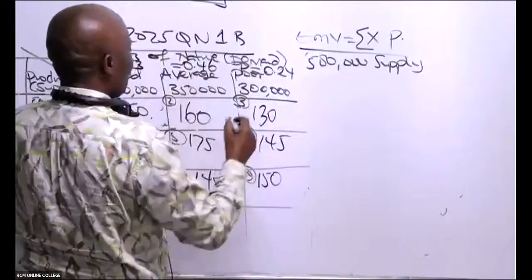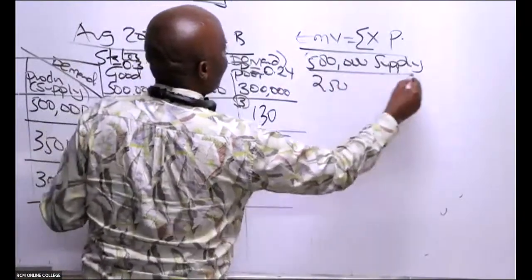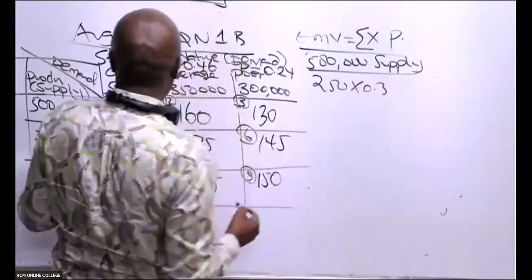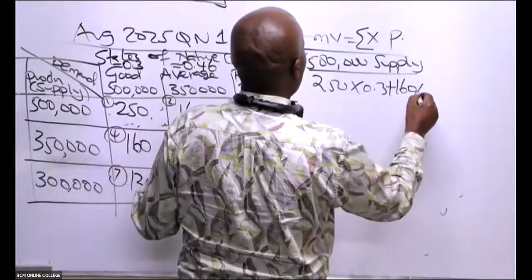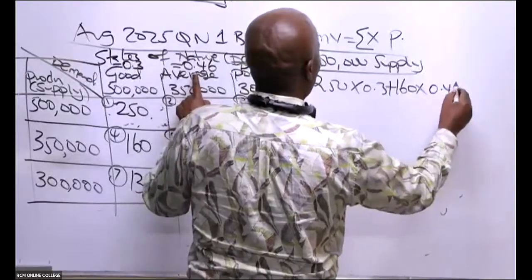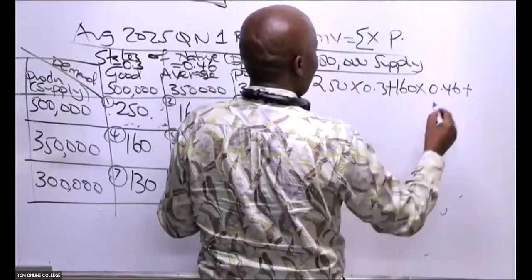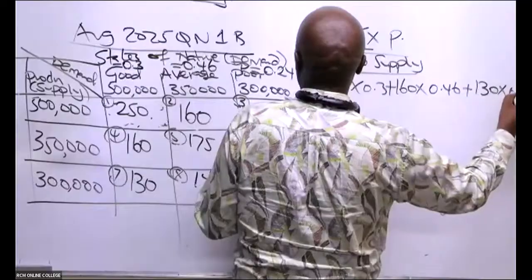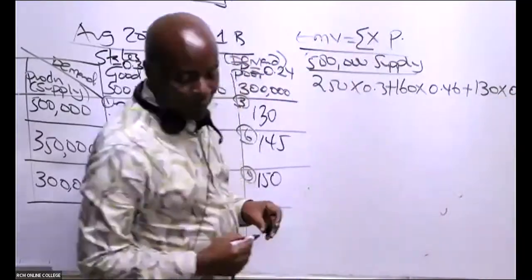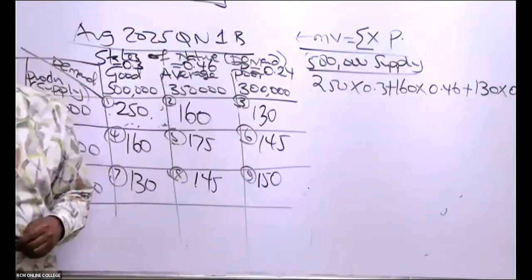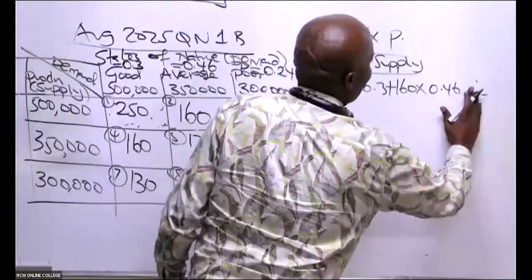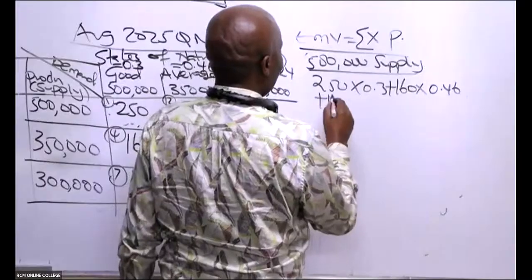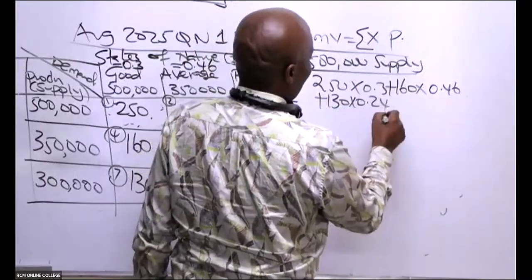So I can see here 250 times 0.3, plus 160 times 0.46, plus 130 times 0.24, which then ended up giving you what figure? Sorry, I should say here plus 130 times 0.24.